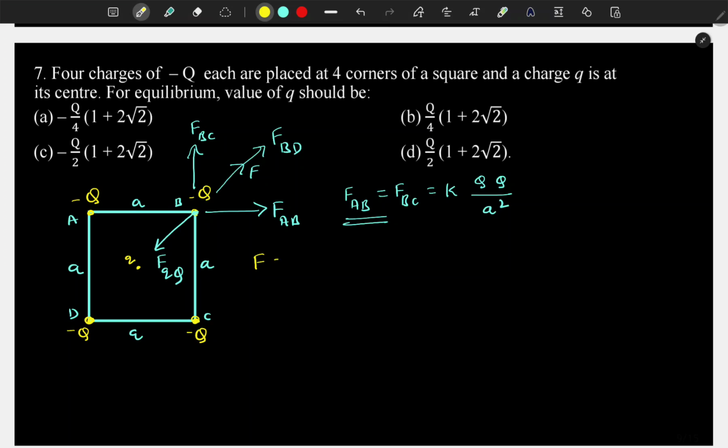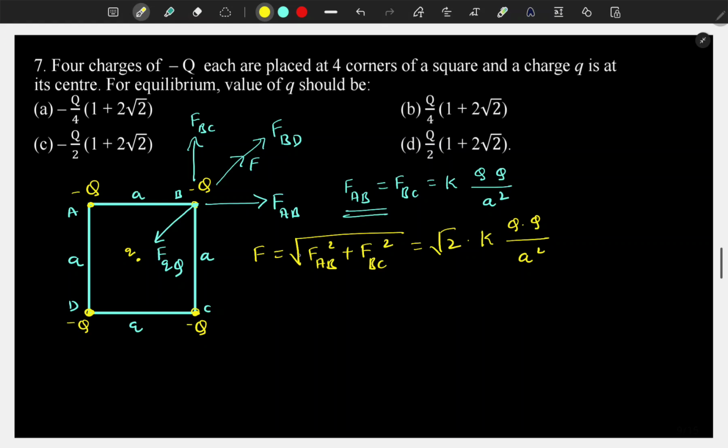F is equal to square root of FAB square plus FBC square. So that will be equal to square root 2 times this value, k capital Q into capital Q divided by a square. Just substitute this here, you will get the answer.